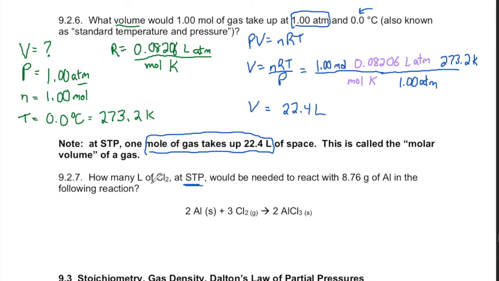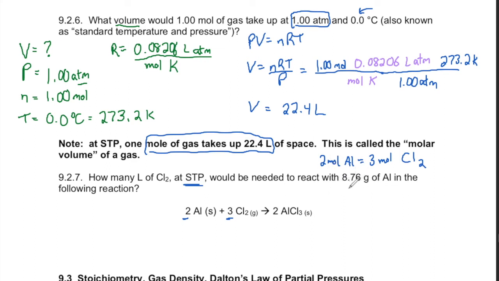So here we want to figure out how many liters of chlorine gas correspond to 8.76 grams of aluminum. Our relationship between aluminum and chlorine is a molar relationship. We have some coefficients here, 2 moles of aluminum and 3 moles of chlorine. And we can get to moles of aluminum from grams of aluminum.